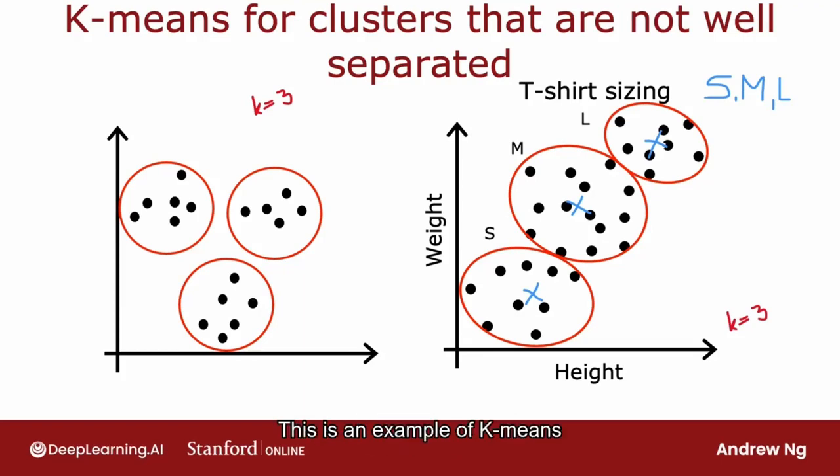So this is an example of k-means working just fine and giving a useful result, even if the data does not lie in well-separated groups or clusters.